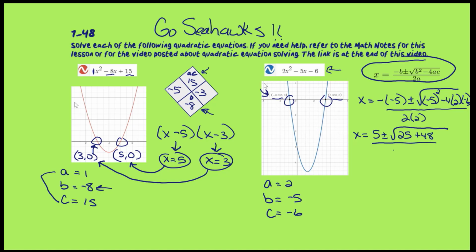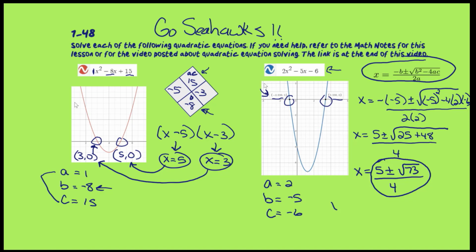All over 4. So x equals 5 plus or minus the square root of, well, 25 plus 48 is 73, and then you're dividing by 4. You could leave it here because this does depict two solutions, and this is simplest radical form because 73 is a prime number, so I can't break that down any farther.